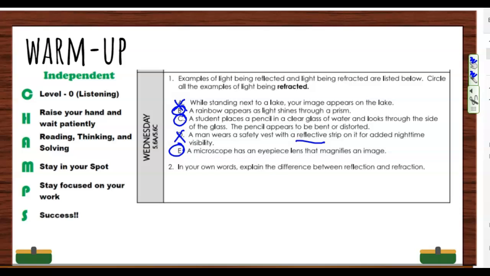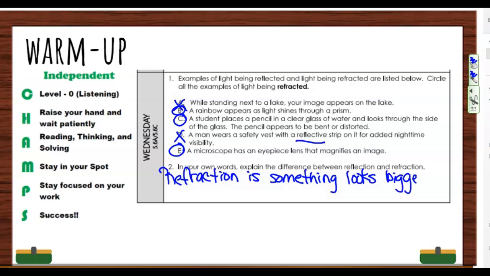Okay, that's a lot of words. I'm not writing on that. Addison. Refraction is when something looks bigger or smaller. Listen.